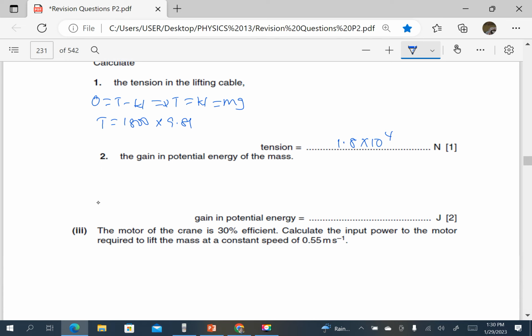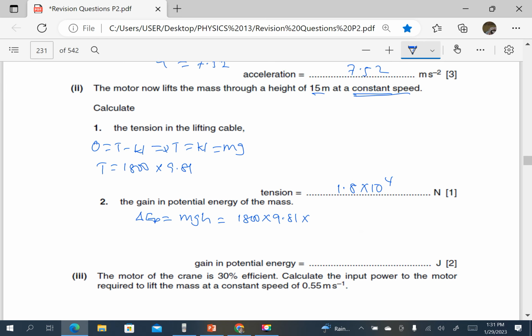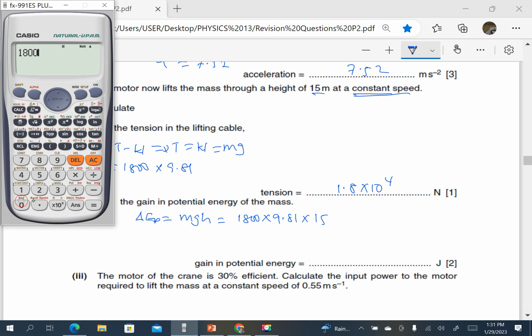Then the gain in potential energy of the mass. So gain in potential energy is equal to mgh. So m is 1,800, g is 9.81, and they have told us h is 15. 1800 times 9.81 times 15.